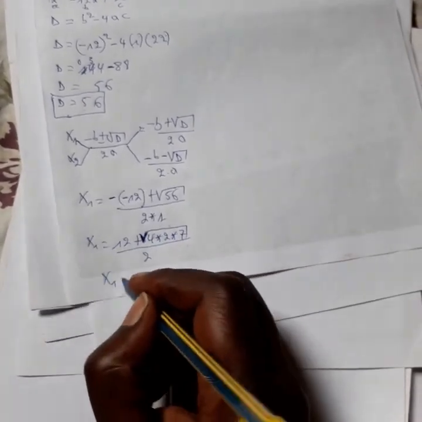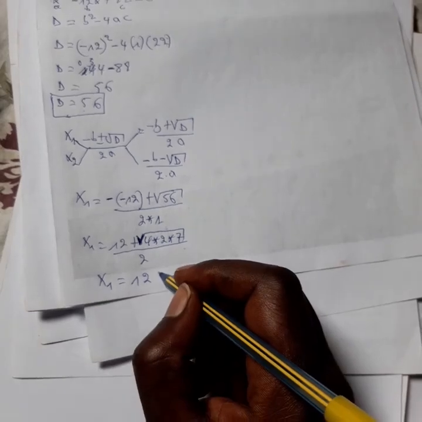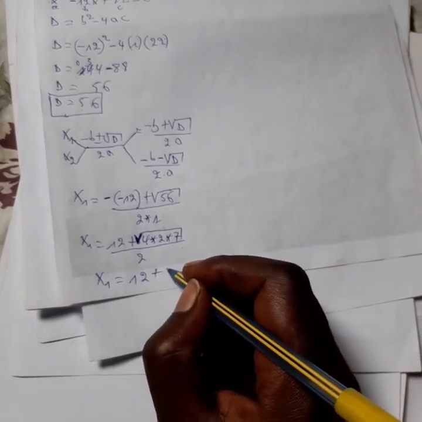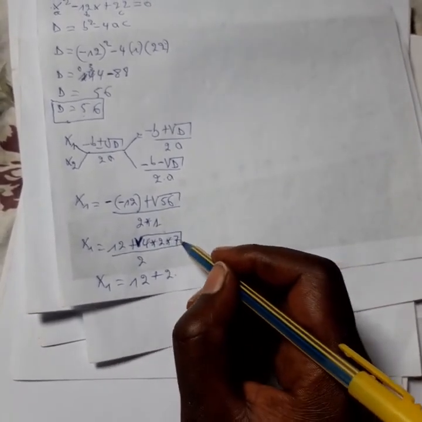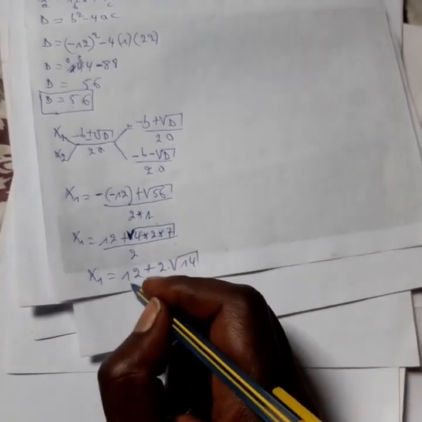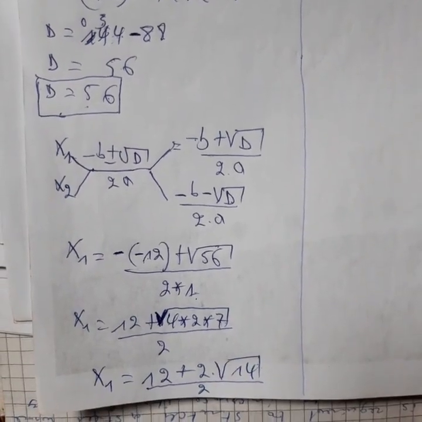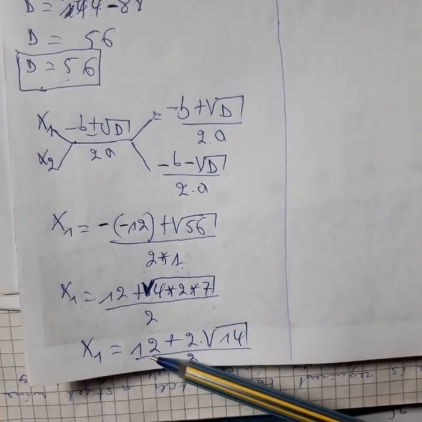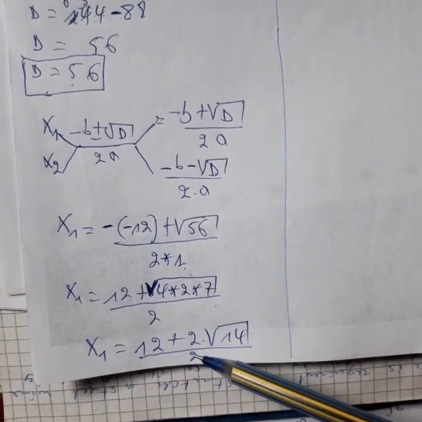So x1 will be equal to 12 plus the square root of 4, which is 2. 2 times 7 is 14, times the square root of 14, then over these 2. So x1 is equal to 12 plus 2 times the square root of 14, over 2.